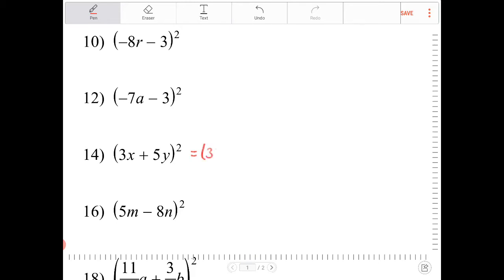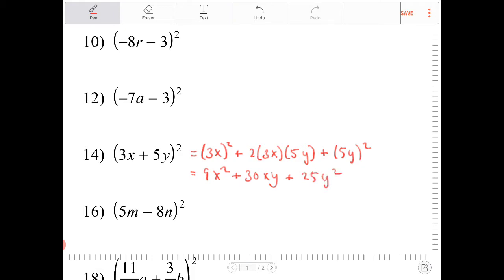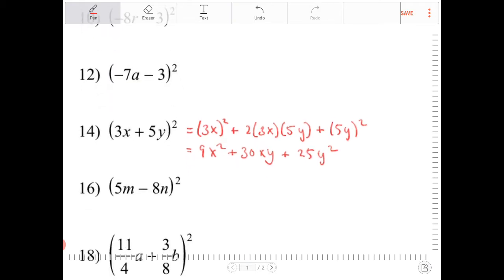So this is going to be 3x quantity squared, and then plus 2 times a times b, plus b squared, which is 5y squared. So what will this turn into? This is going to turn into 9x squared plus 30xy plus 25y squared.